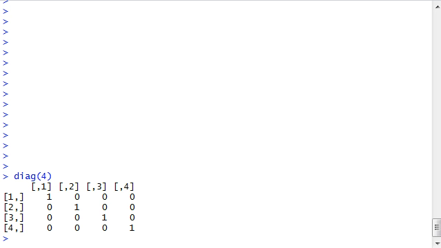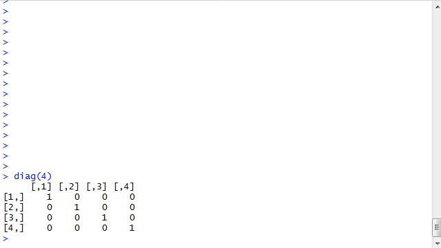So if I start with this matrix and I swap any 2 rows, let's say I swap row 2 and 4, then I'll get this matrix where you can clearly see that row 2 of my swap matrix is row 4 of my identity matrix, and vice versa, row 4 is row 2 of my identity matrix.